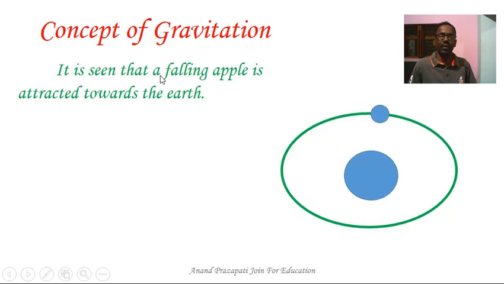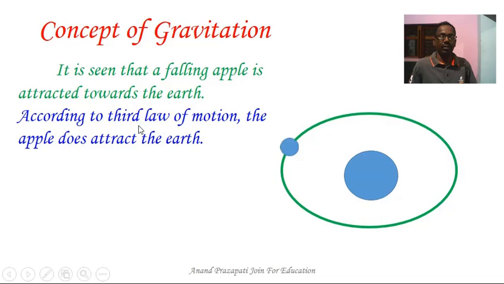It is seen that a falling apple is attracted towards the earth. This is the other example to understand the concept of gravitation. According to the third law of motion, the apple does attract the earth.